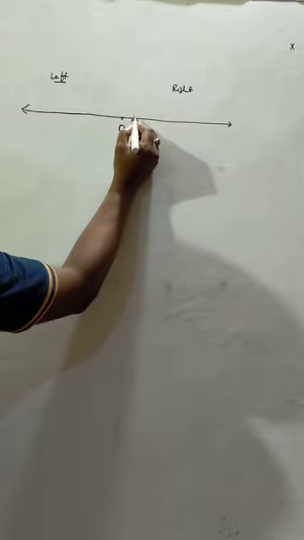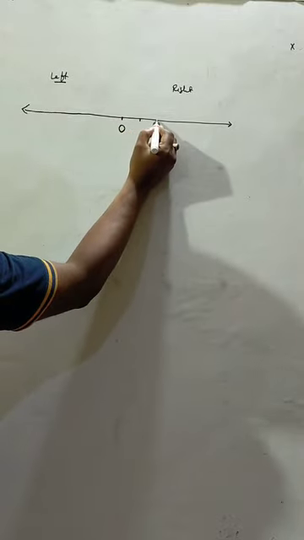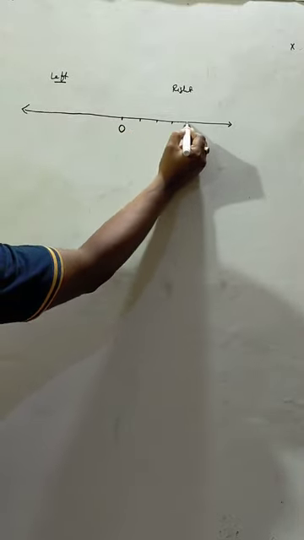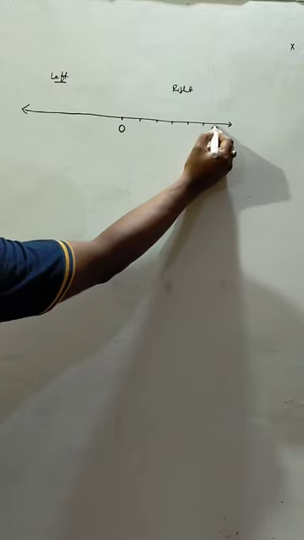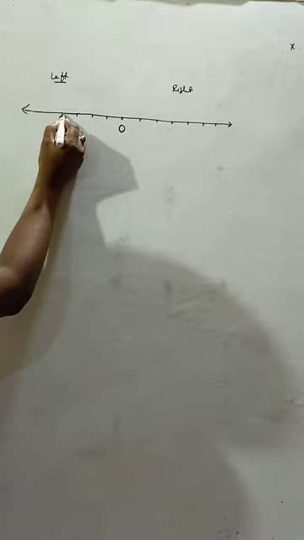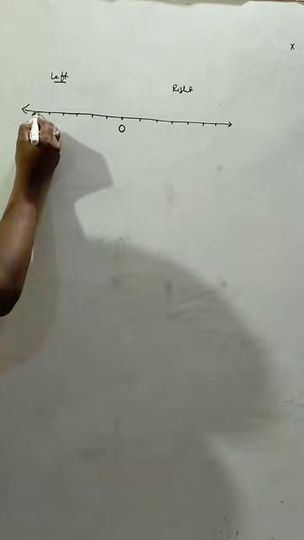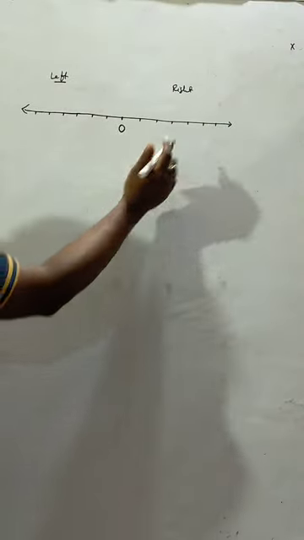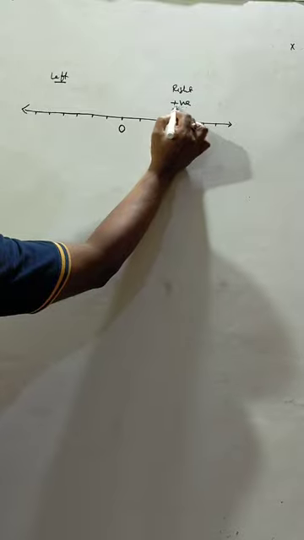On both sides we will equally divide this number line. Student, the right side of the 0 is the positive side and the left side of 0 is the negative side.